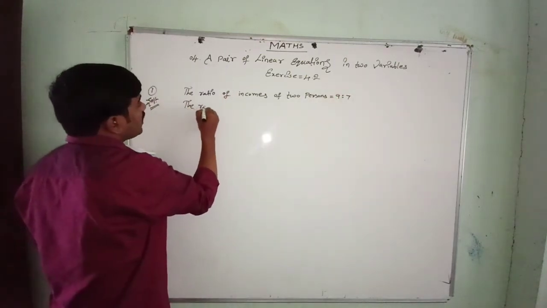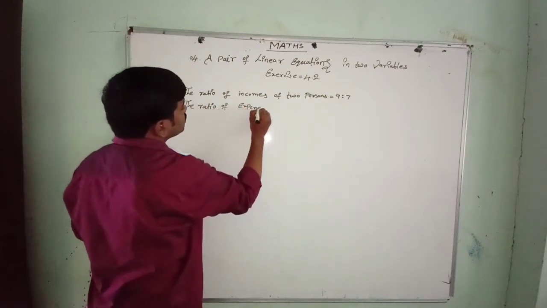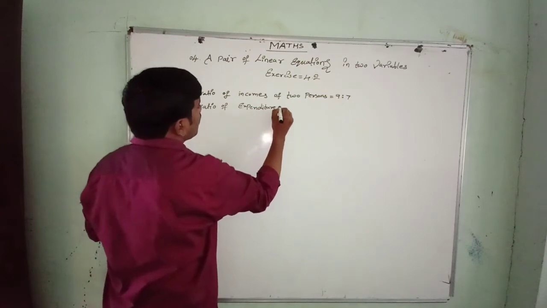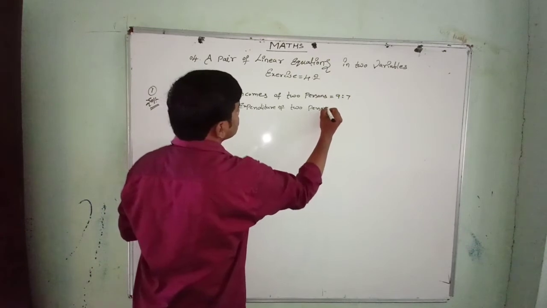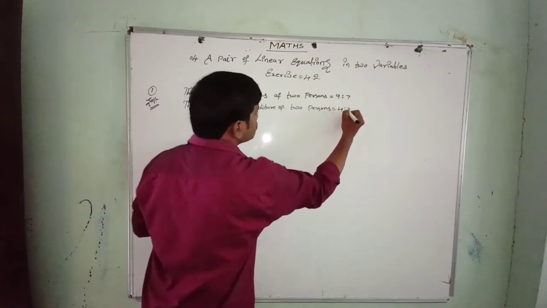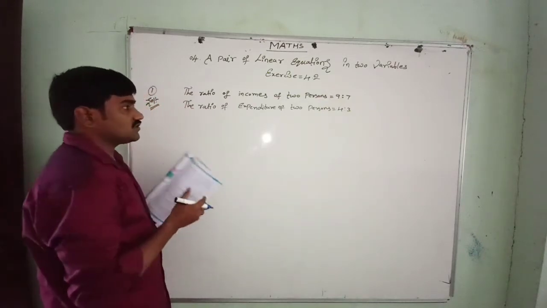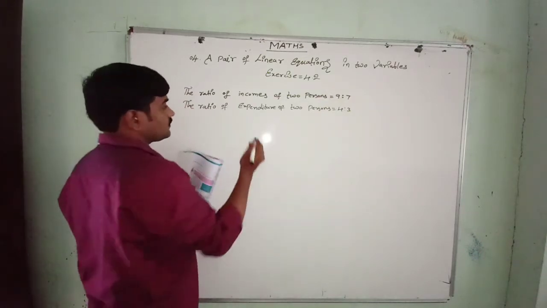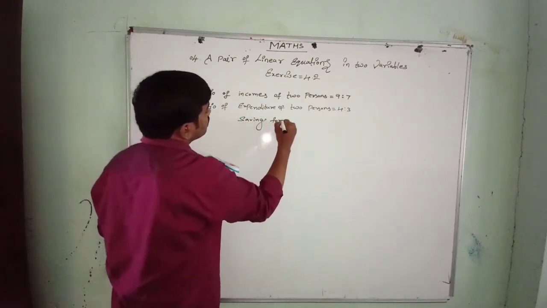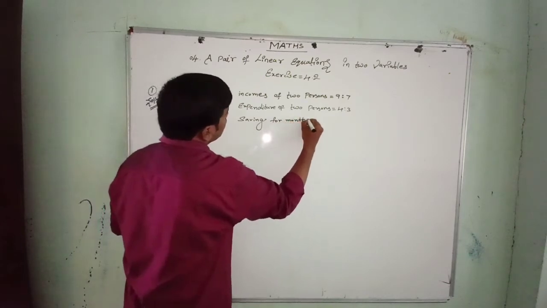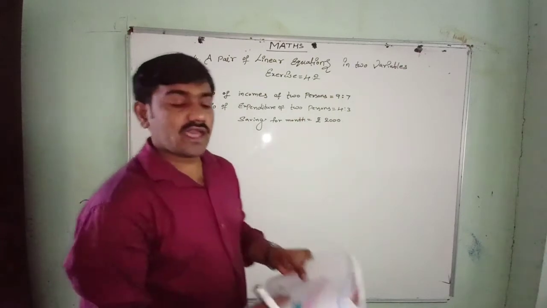Now the ratio of expenditure of the same two persons equals 4:3. Now each of them has savings. The saving per month equals rupees 2000. So this is what they have given actually.